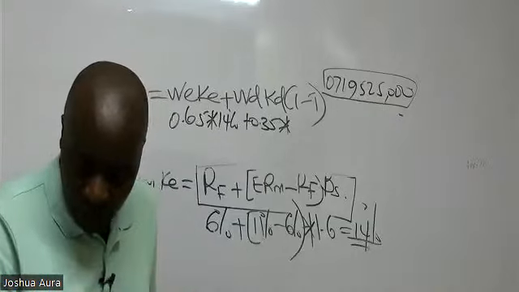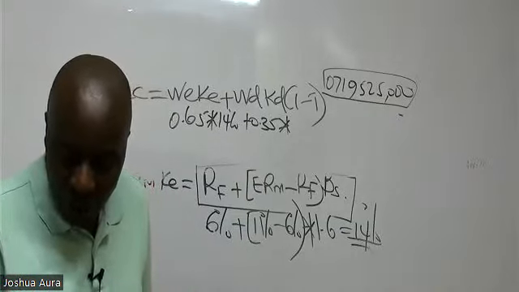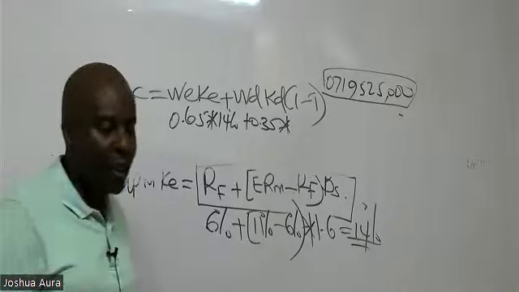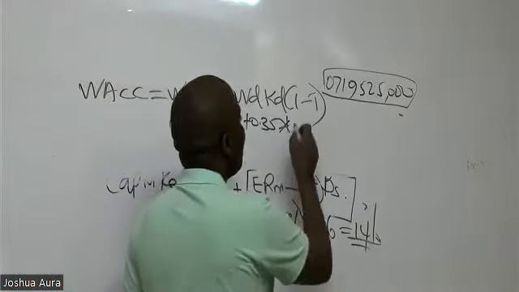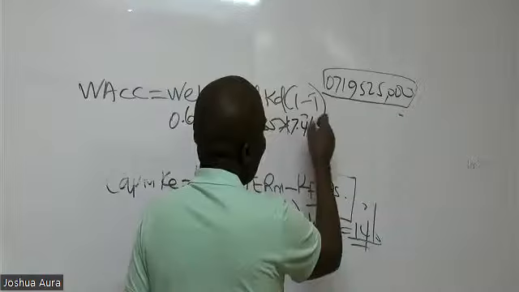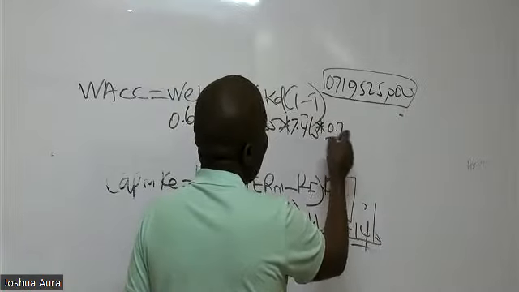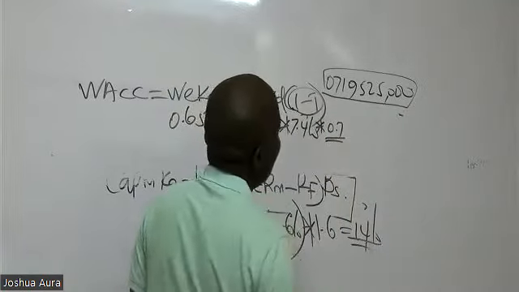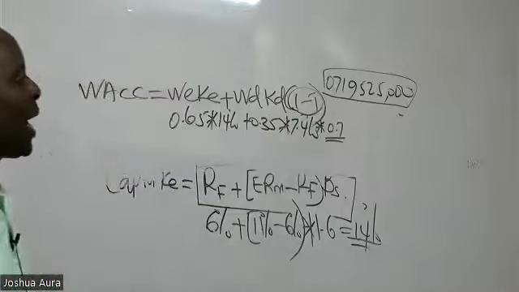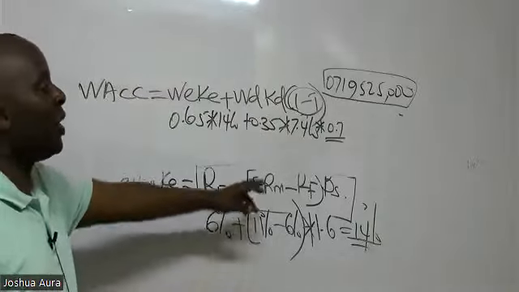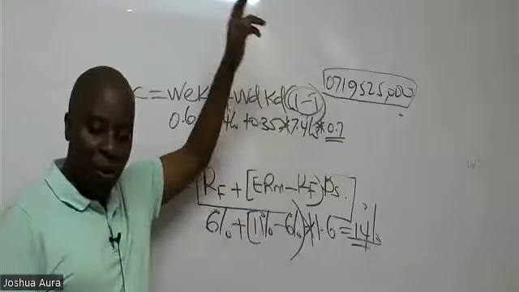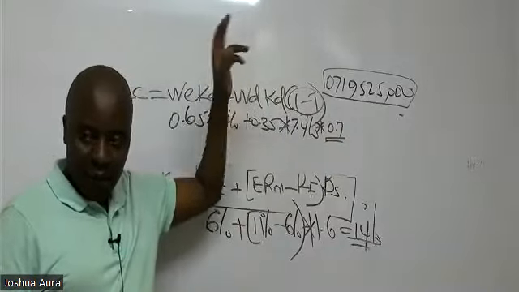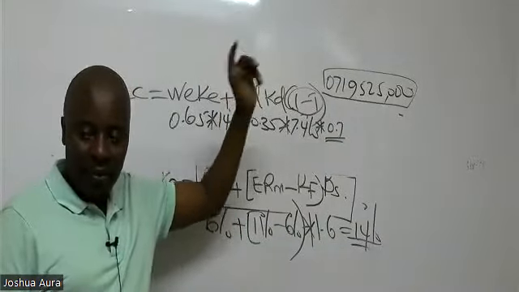They've given us a cost of debt of 7.4% before tax. It means I must adjust it for tax by multiplying this 7.4 with 0.7 that we got earlier on.